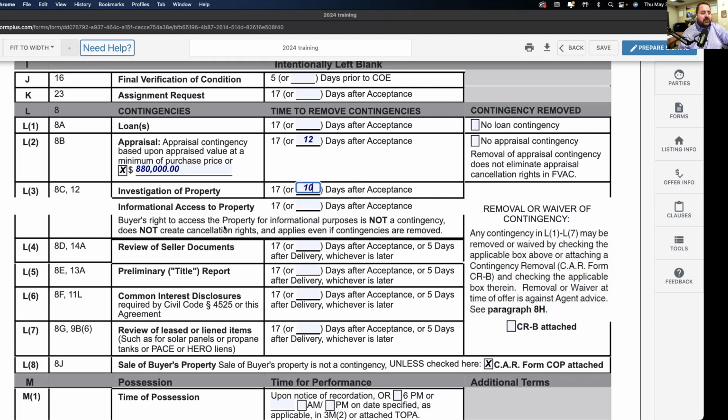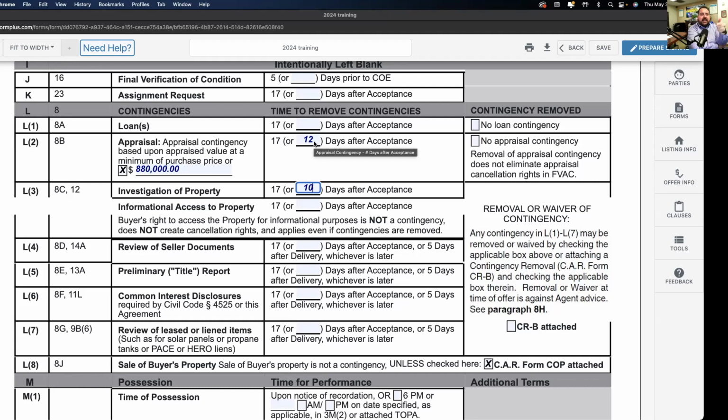This informational access to the property, this doesn't give them the right to cancel. All it is, I can still go in. So let's say, for example, my investigation is 10 days, my appraisal is 12. Even after those two contingencies are removed, if it still says informational access 17 days, I still have the right to go into the property until day 17.